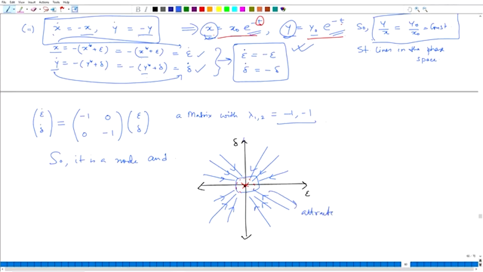It seems that the fixed point is attracting all these phase space trajectories towards itself, although they never meet each other in finite time. This is also another case of stellar node, but this node is a stable node. So, stable stellar node.